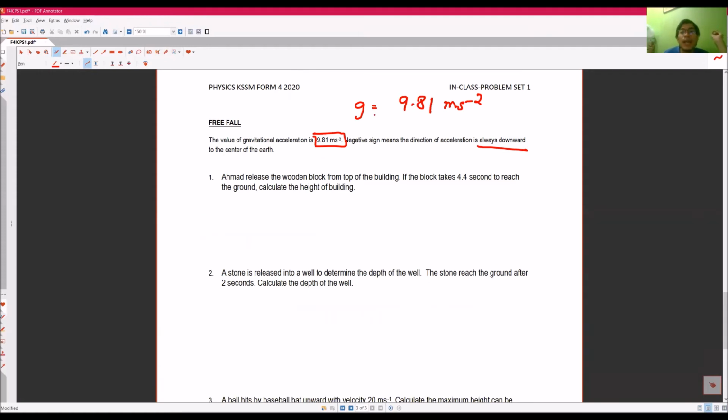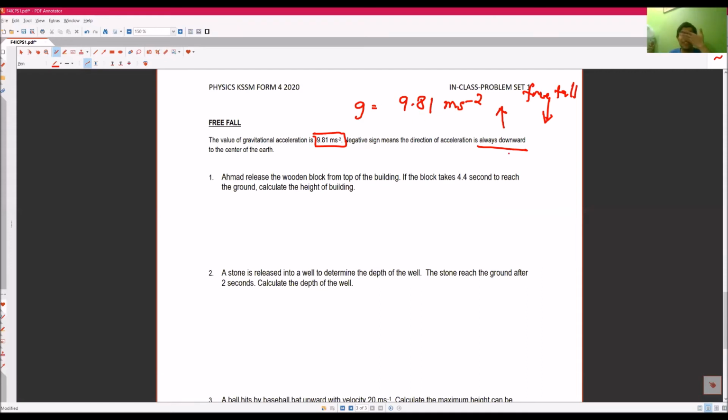Okay, so we have to make a sign convention here. If the object is moving downward, meaning free fall, then the value of g is positive. If it's moving upwards, then the value will be negative, because when the object moving upward is slowing down, it's decelerating, so the acceleration value must have a negative sign.